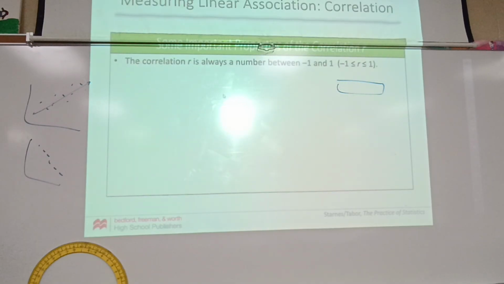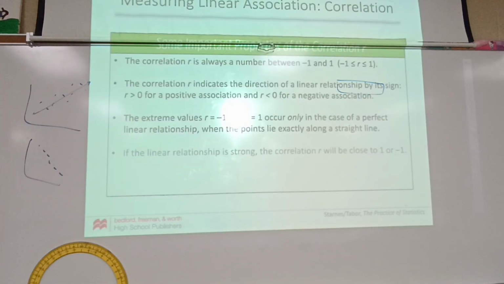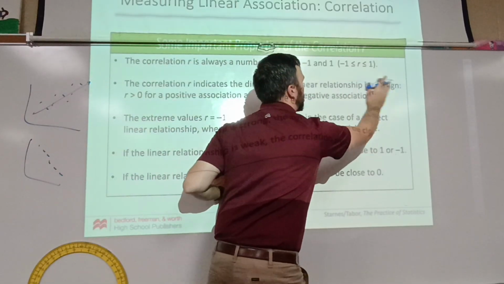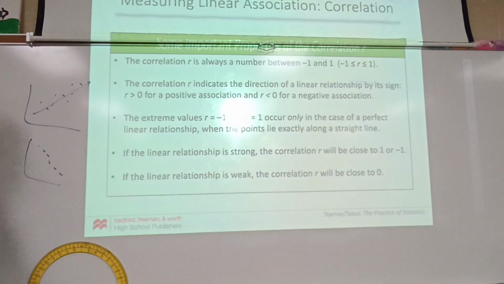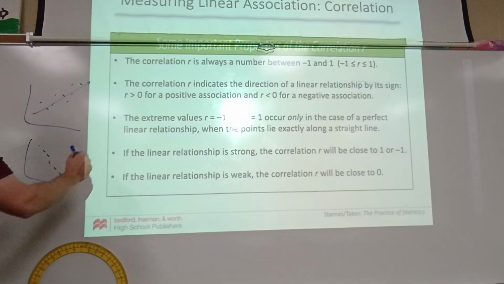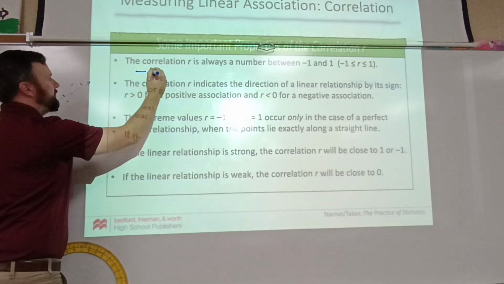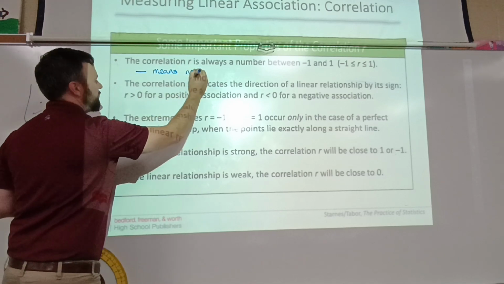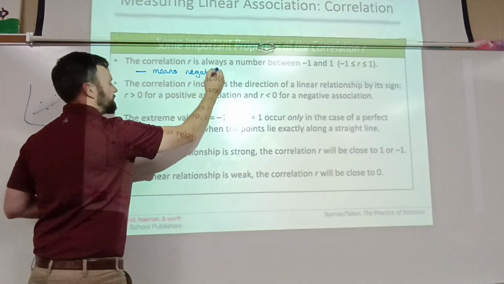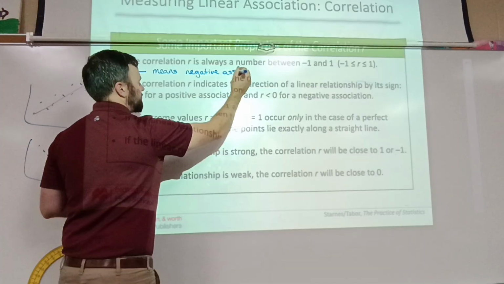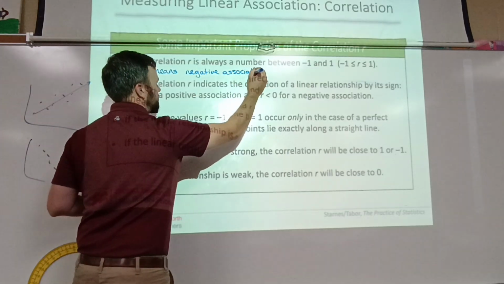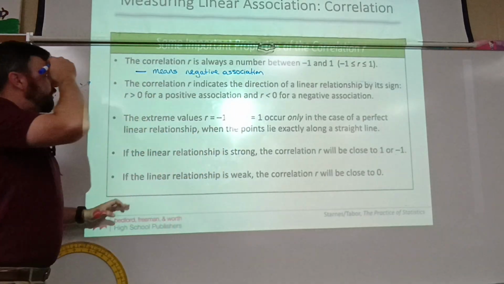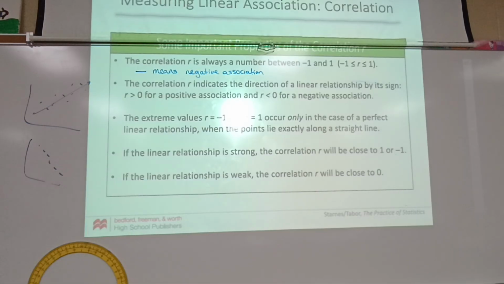So here's some things. This is all in your sheet, but it's good to know. R is always between -1 and 1. Okay? A negative means a negative association. Or you could think a negative is going to have a negative slope.